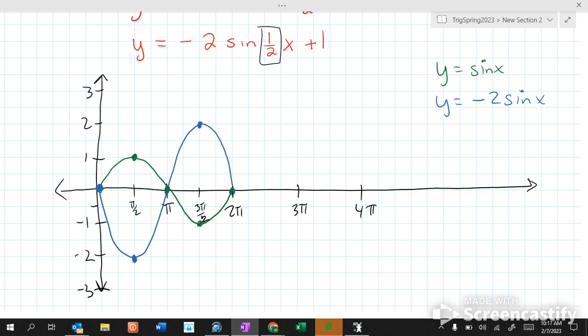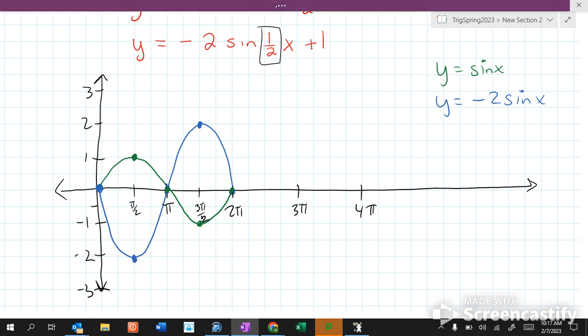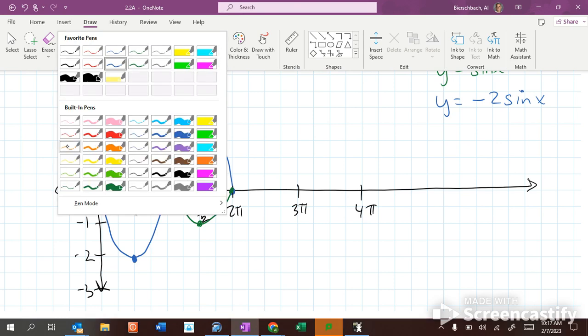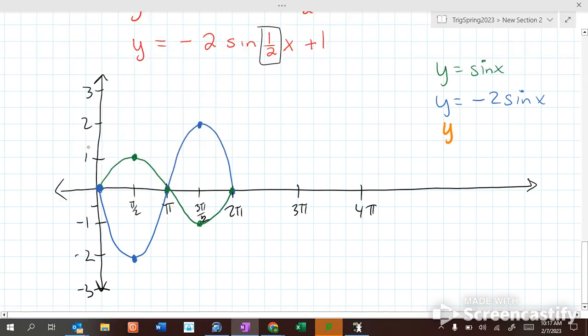Okay. Now the 1/2 makes this go twice as wide. So this one still doesn't move. Instead of being over 2, I'm over 4. Instead of being over 4, I'm over 8. Instead of being over 6, I'm over 12. And then 16.